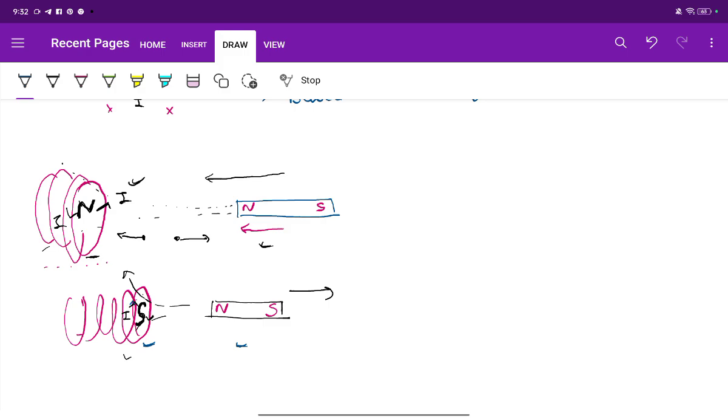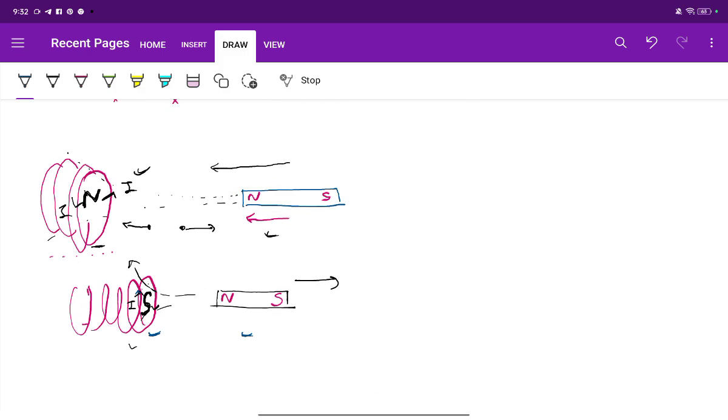So it is anyway opposing its cause, okay. Here the bar magnet was the source, right? This was the cause, yes or no? So this bar magnet wanted to get closer to this coil. At that time the coil was like, no, don't come near me, right?